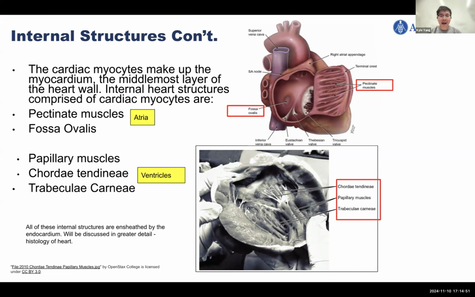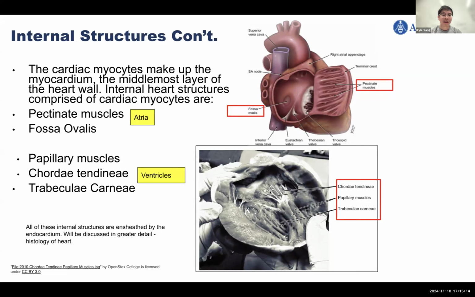They really act as muscles which keep the valve from reversing and preventing backflow of blood from the right ventricle into the right atria. And then the chordae tendineae, shown here, are attached to the papillary muscles and to the valves.